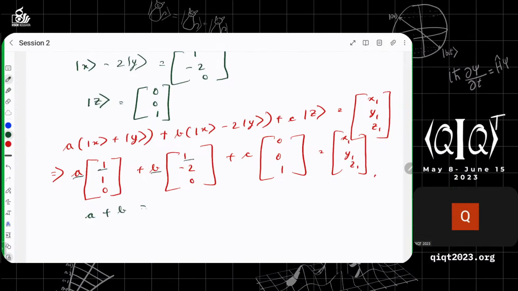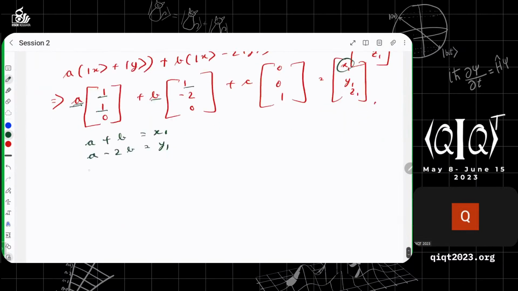So a plus b, that would be x1 on the right hand side, and here a into 1 plus b into minus 2, so a minus 2b will be y1, and c will of course be just z1, because just c into 1, and here everything is 0, and you have z1 on this side. Okay, now if you just solve this, then you will get a is 2x1 plus y1 by 3, and b is x1 minus y1 by 3.